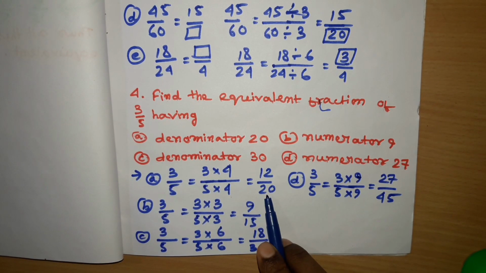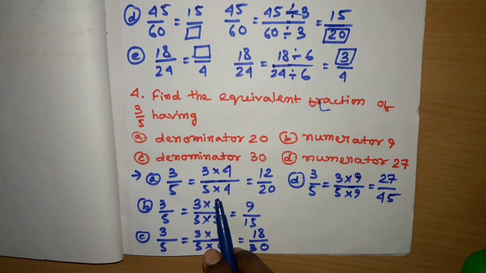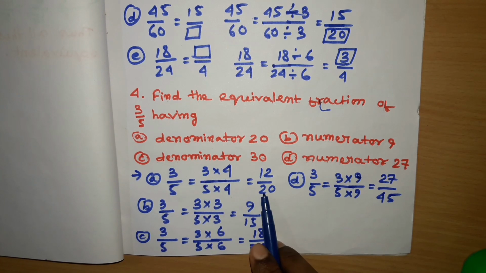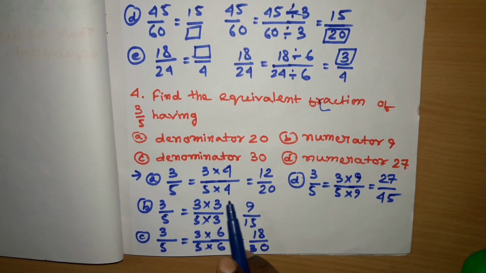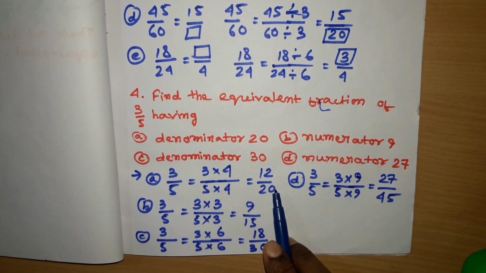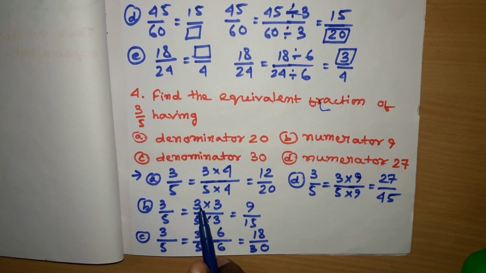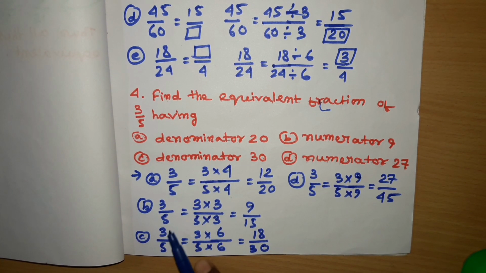We need 20 in the denominator, so we have to multiply the 5 by 4, so that I will get 20. If I multiply the denominator by 4, I have to multiply the numerator also by 4. 12 by 20 is equivalent to 3 by 5. So I multiplied both numerator and denominator by 3. That's why I get 15, and that's why I get 9.